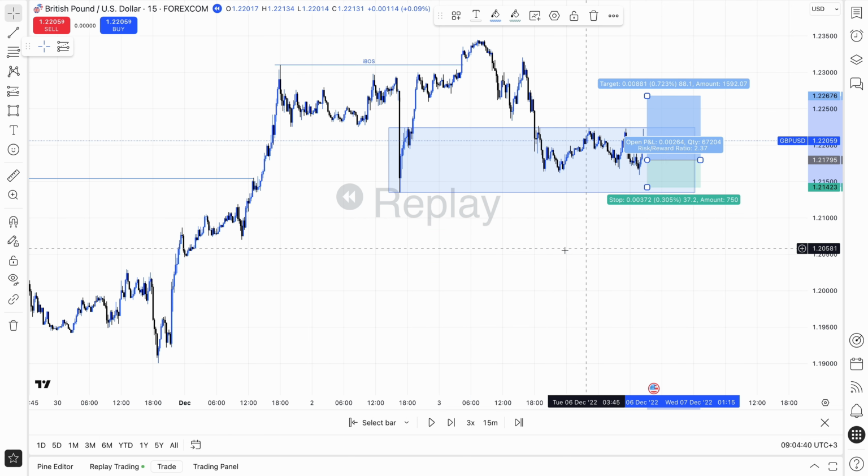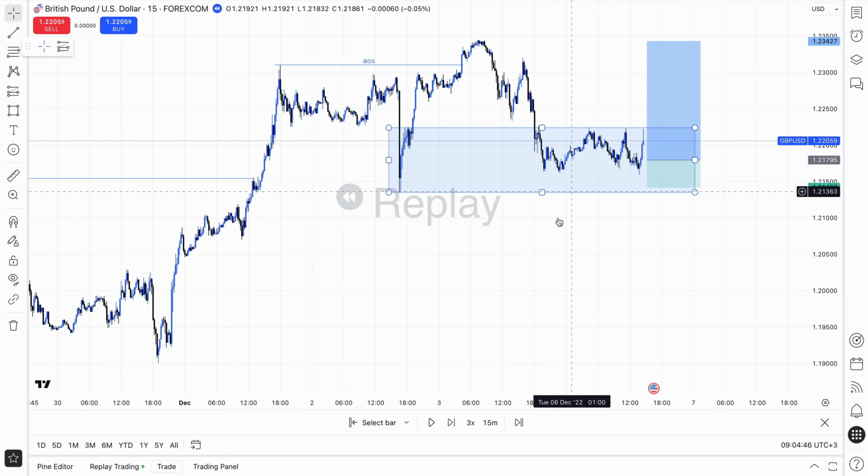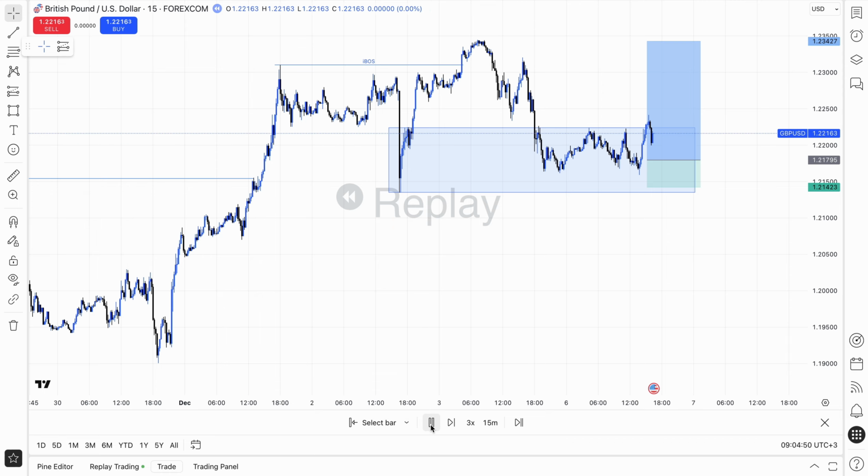And I had to target this because liquidity was already swept, right? Then I had to target here. Let's see what really happens. The market just went up, came back, tagged me in, and then came back to our break even, then stop loss.